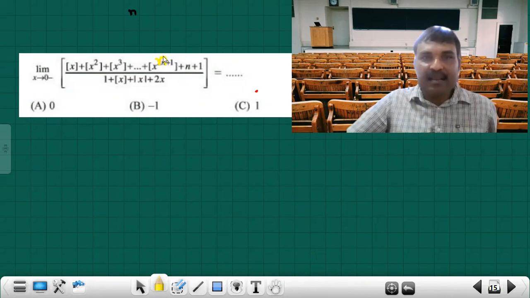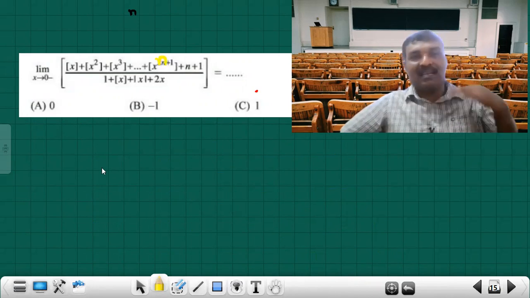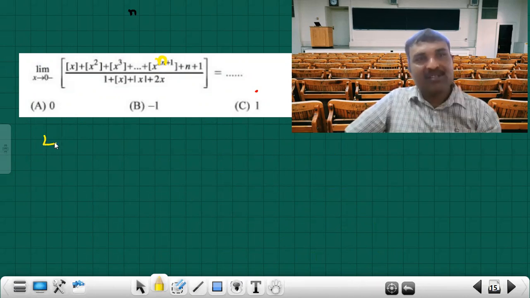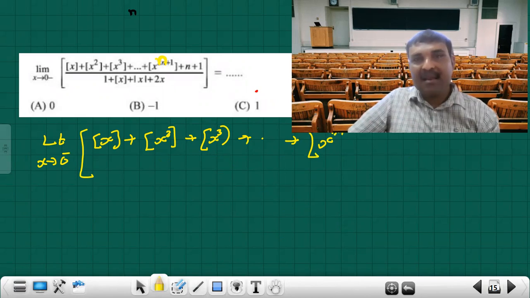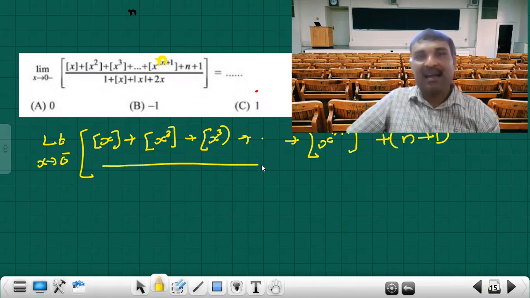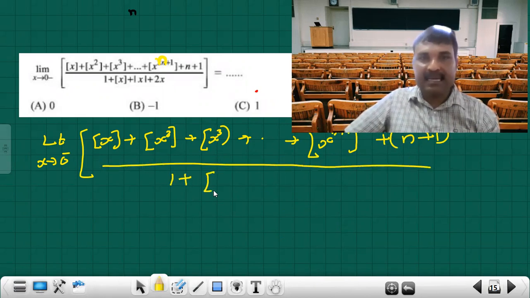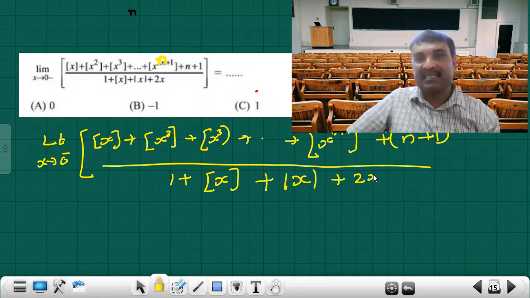We want to evaluate the limit as x tends to 0 minus of greatest integer function of x plus greatest integer function of x square plus x cube, and this goes on, the last term becomes x raised to n plus 1, plus n plus 1, all divided by 1 plus greatest integer function of x plus 4 mod x plus 2x, right?